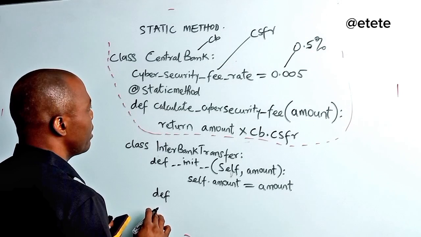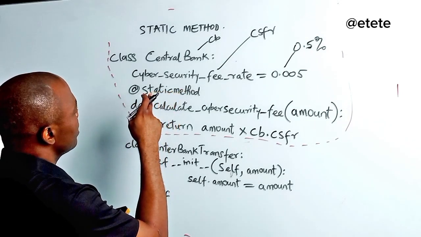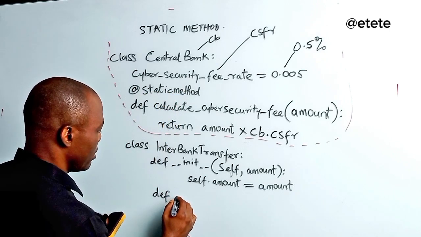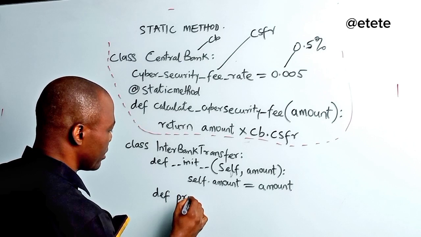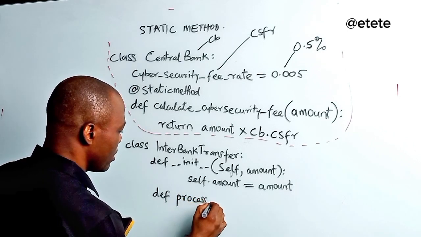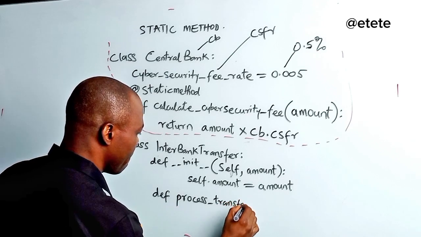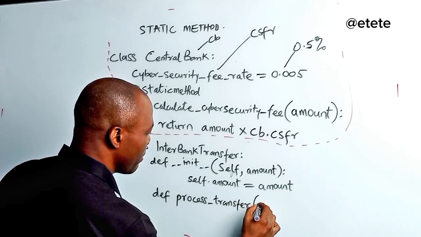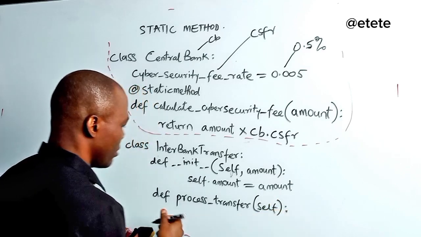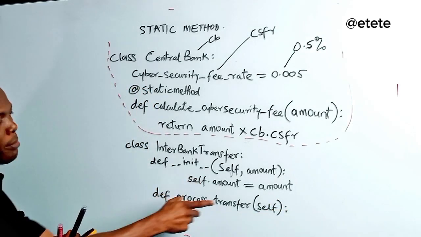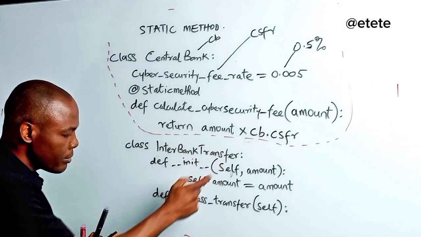I will call it process transfer, right? And then I will supply self to it. So this is another method that I'm creating inside this interbank transfer class.